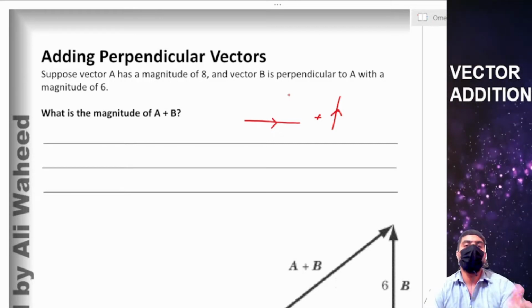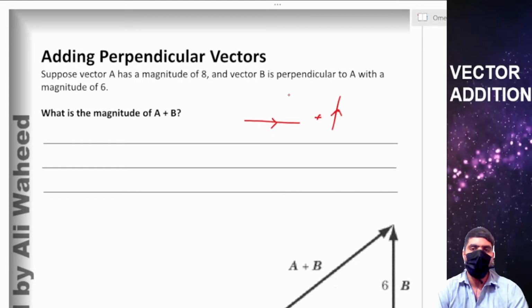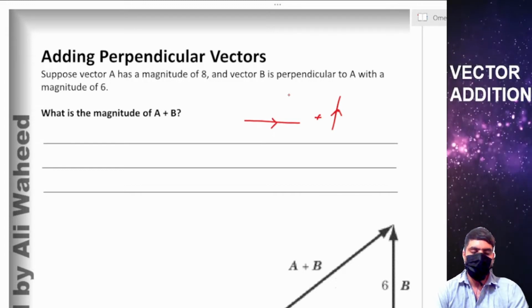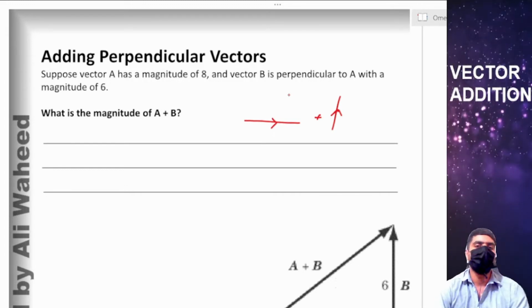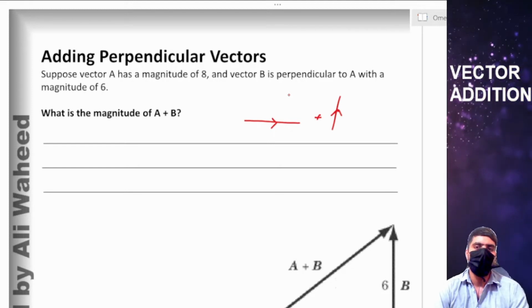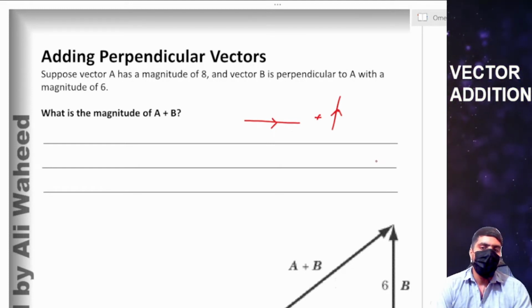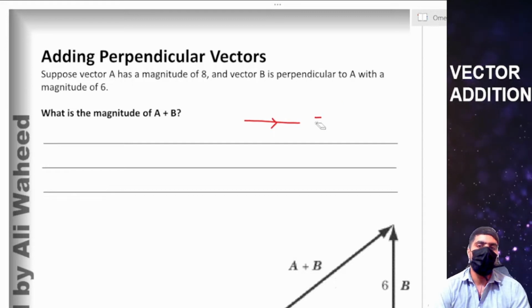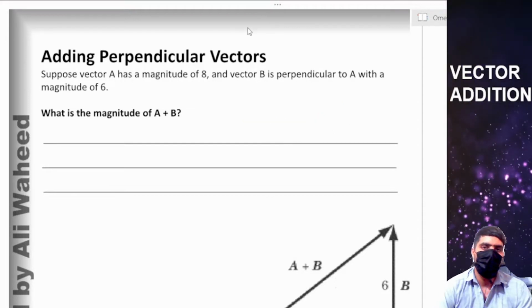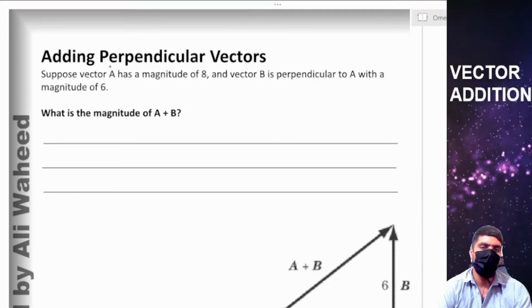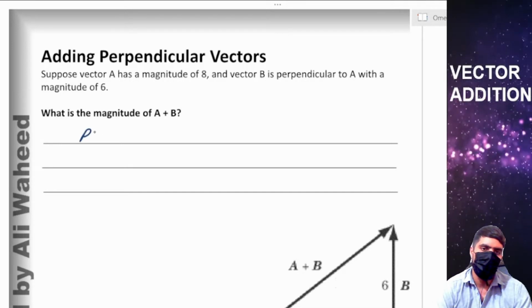That is called the scale diagram, and that is carried out by the head to tail rule. The other method is by using a mathematical concept. We have a law that we call Pythagoras theorem.